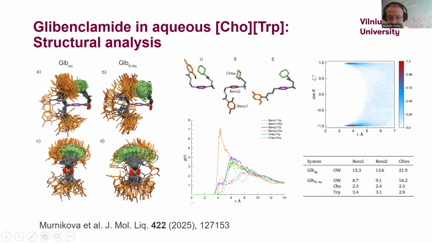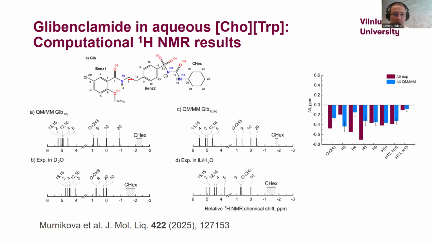Here you can see the coordination numbers around the three rings of glibenclamide. In particular, the tryptophanate ions show a high proclivity to condense around glibenclamide. But this is the MD simulation, so we use computational NMR data in order to confirm that this might really be the case.